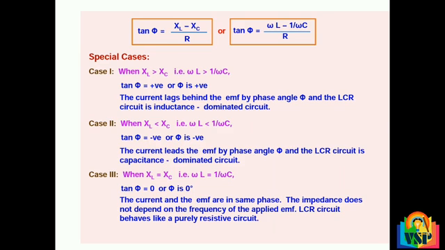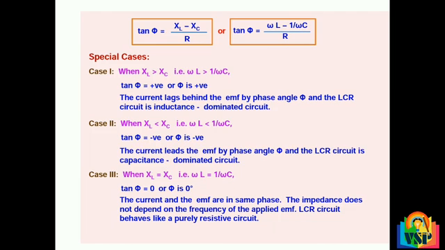The current lags behind the EMF by phase angle phi, and the LCR circuit is inductance dominated. Whenever XL is greater than XC, tan phi is positive, hence voltage leads the current by phase angle phi. Therefore the AC circuit is an inductance dominated circuit.